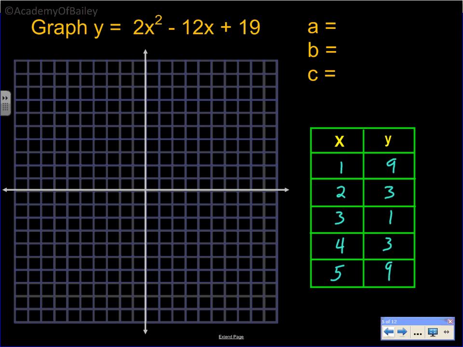The vertex is going to be 3, 1. 1, 2, 3, 3, 1. If we look, A is positive, so A should be opening upwards. The next one is 2, 3. 1, 2, 3. And the next one is 1, 9. 1, 2, 3, 4, 5, 6, 7, 8, 9.